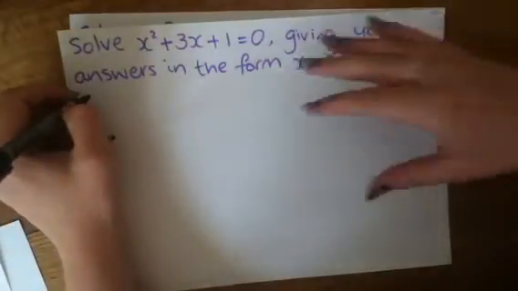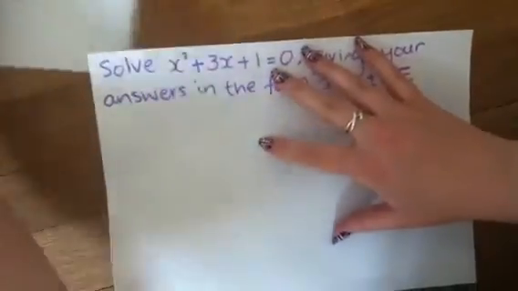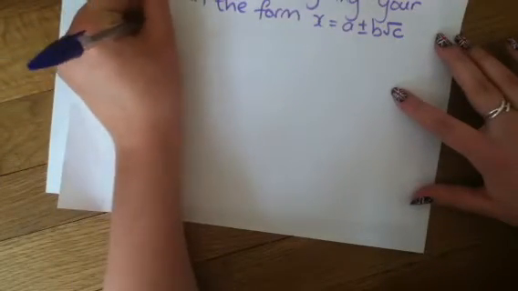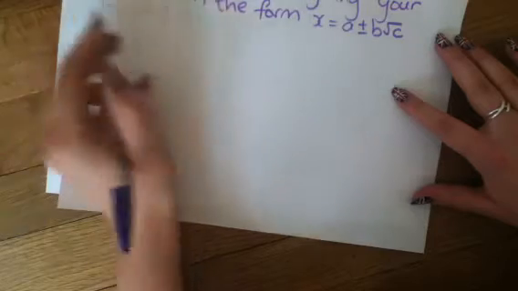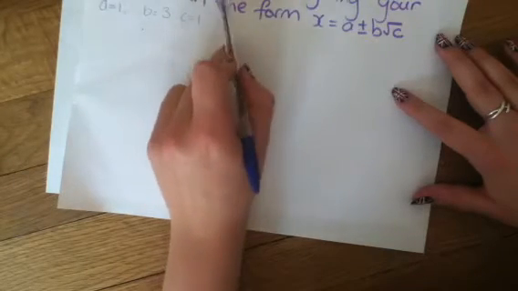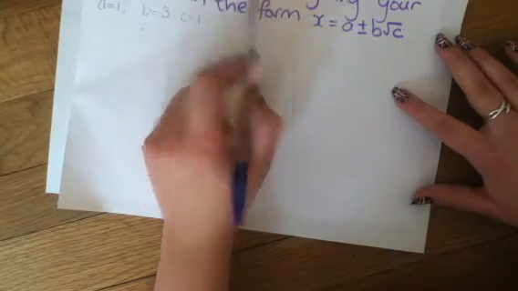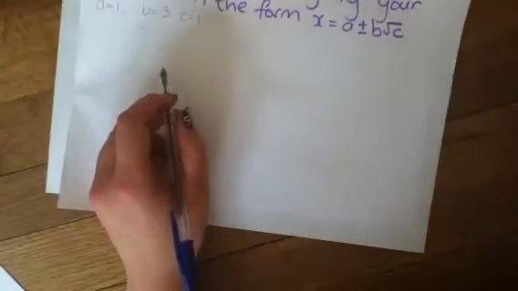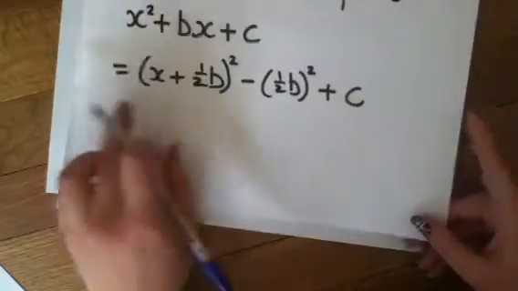Firstly, I'm going to let a equal 1, b equal 3 and c equal 1, and I got these from here. A is 1, b is 3 and c is 1. Then we can write this into the completed square form, which is this one here.